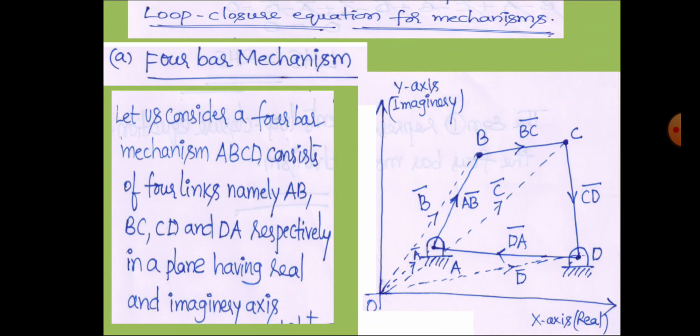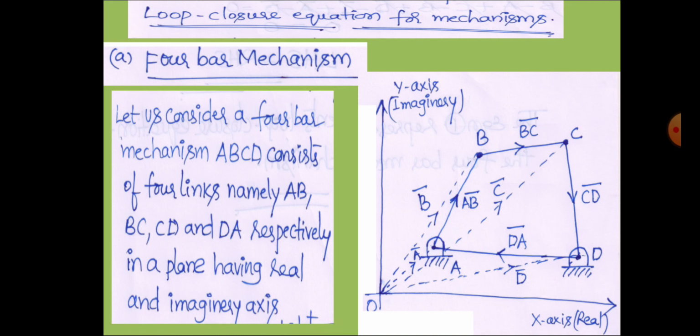If I come in the order, AB is the link, so it will be represented by AB bar, and BC bar, CD means CD bar, direction also. DA means D to A, so the direction should be D to A. DA bar is the representation by means of a vector. So AB, BC, CD, DA.